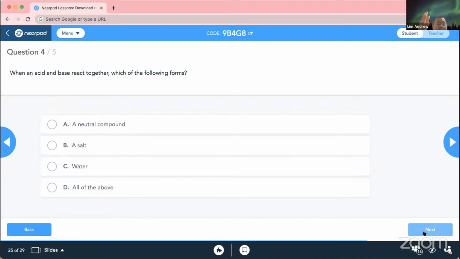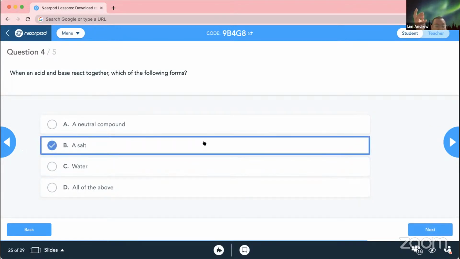When an acid and a base react together, what is formed? Based on the activity we did just now, acid plus base gives you water and salt, right? And also we know that water is actually a neutral compound, right?